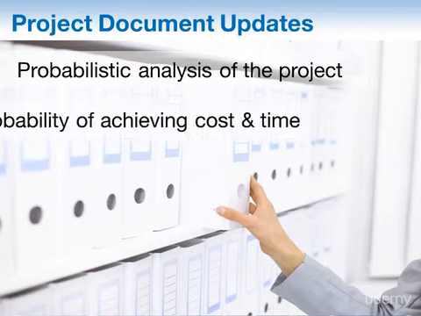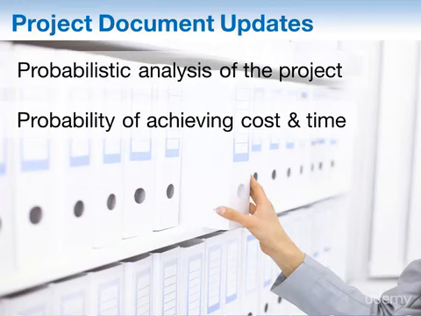We will give a probability of achieving cost and time objectives. This information presents probability of achieving various targets, namely the probability of reaching a selected completion date or a selected cost target, like we are 75% certain that we will be able to finish the project on time, or we are 90% certain that we will be able to finish the project under budget.